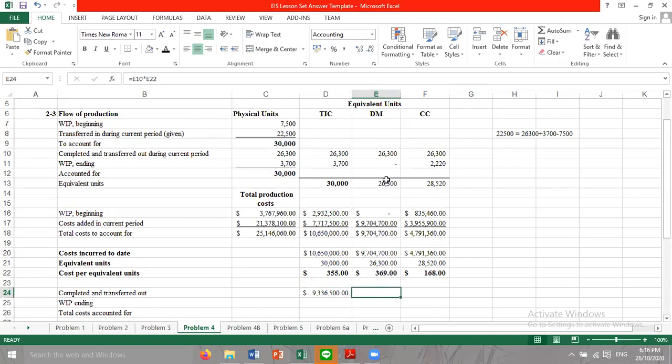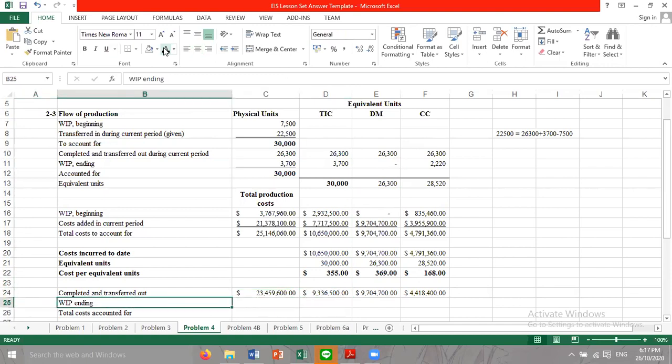Just multiply it with the equivalent units in the completed and transferred out row with $369, and we'll get $9,704,000. Same thing applies to conversion costs as well, and we'll get $4,418,400. And we'll get a total sum of $23,459,600.